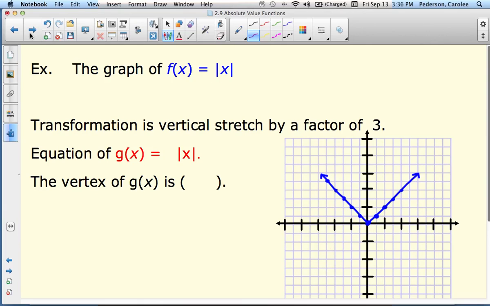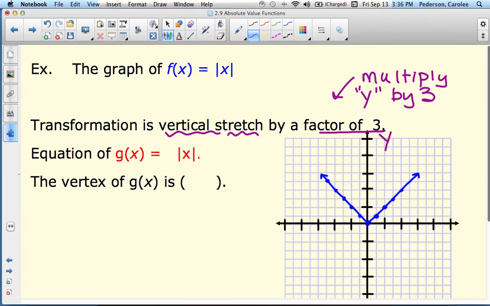Now we have a vertical stretch by a factor of 3. So we're changing the vertical axis, that y-axis. So you're multiplying all y values by 3, a factor of 3.